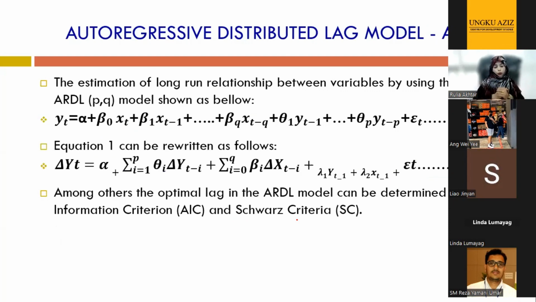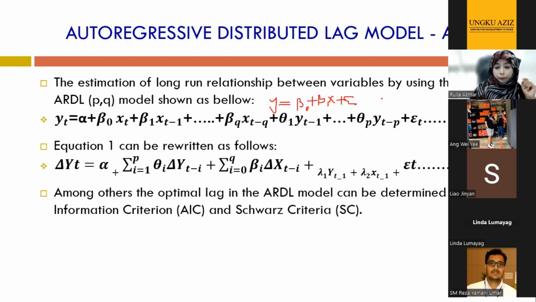Now let's look at the ARDL equation, how these equations actually look. I didn't put it here, the normal econometric model: y equals beta 0 plus beta 1 x plus the error term.